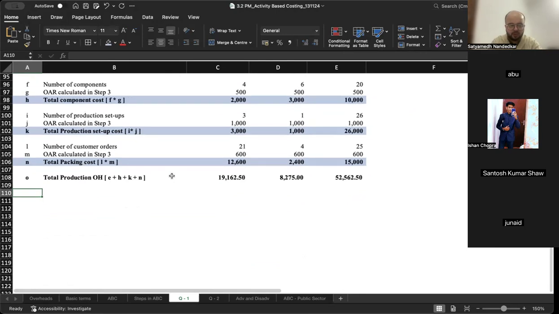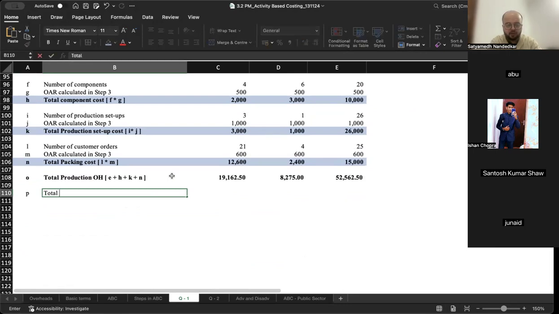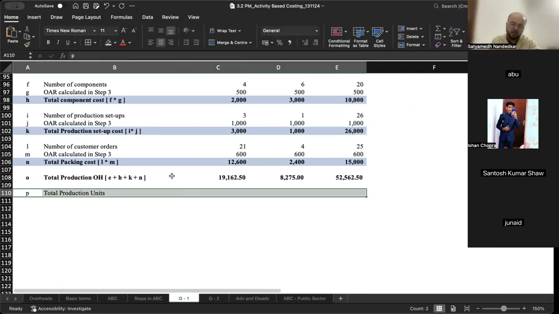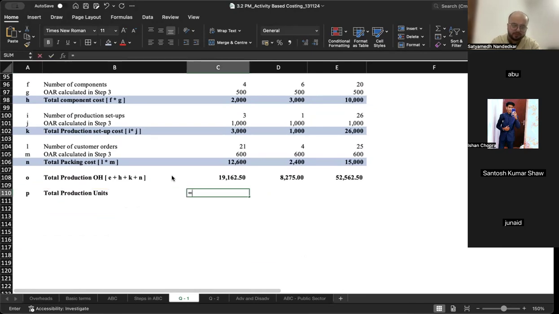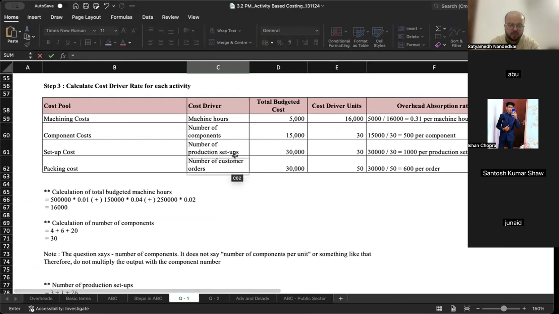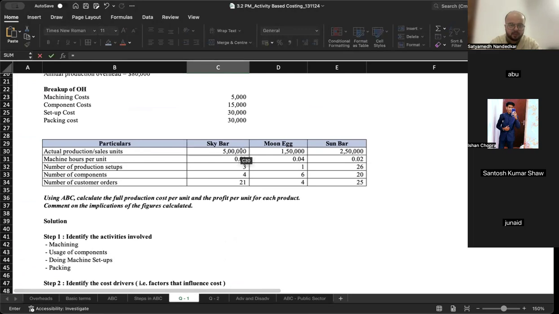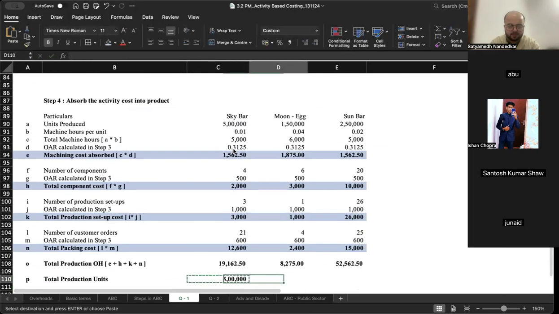I have total production overheads, LMNOP ठीक है, my total production units कितना होगा मेरा total production units for this particular item, 5 lakh.